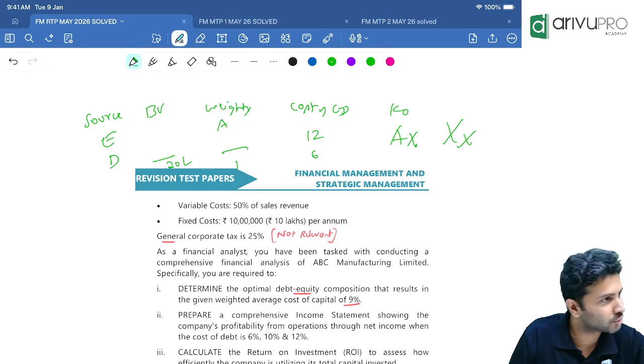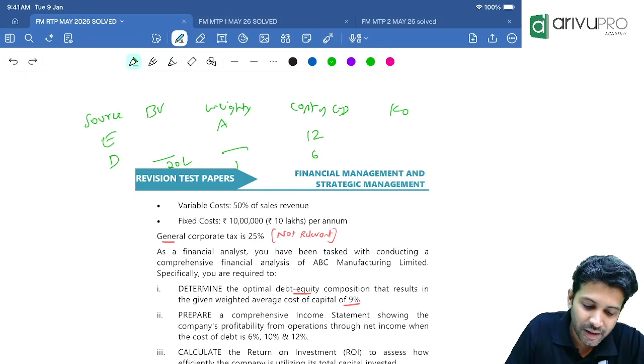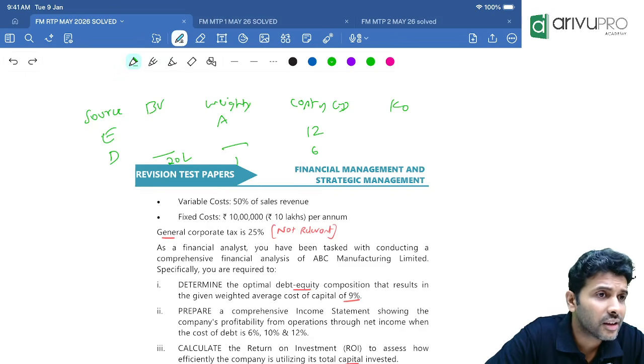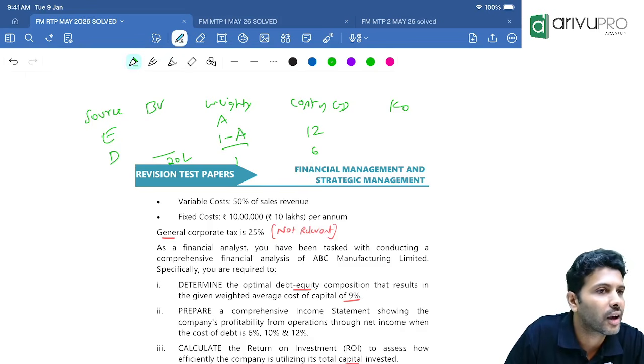It will be confusing. So I would like to assume another variable, A or B. Let the weight of equity be A. Therefore, what will be the weight of debt? Total weight we already know is 1, so this will be 1 minus A.